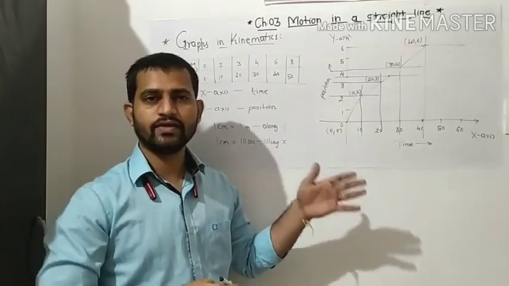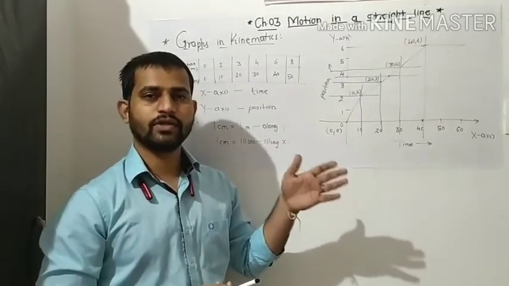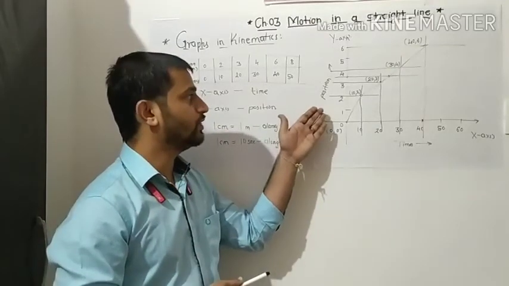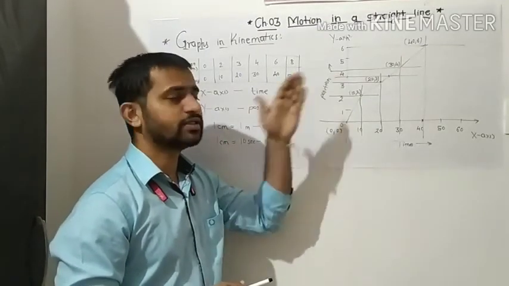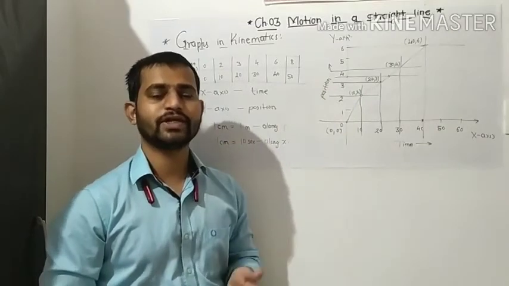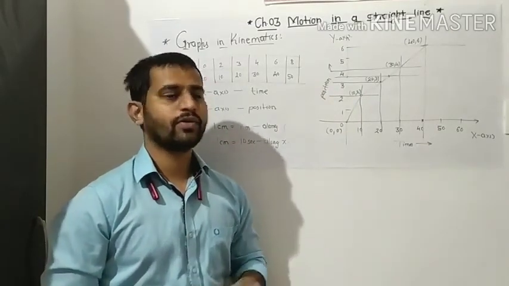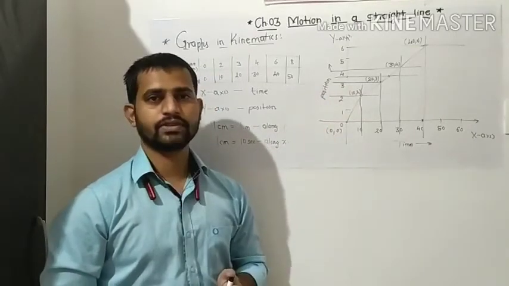That is, if I know the value of any physical quantity, suppose I know the value of the position, that it is 3.5, then what will be the respective value of the time, that I can come to know by using this simple technique.